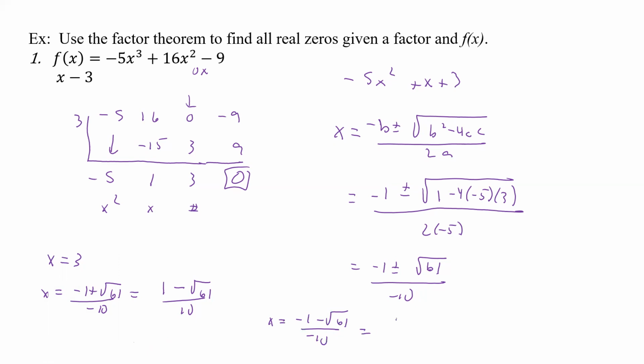And so that's going to be 1 plus square root of 61 over 10. So we have this real zero, this real zero, and that zero. Okay, so those are 3 zeros, and we expect 3 of them based on our cubic power here.